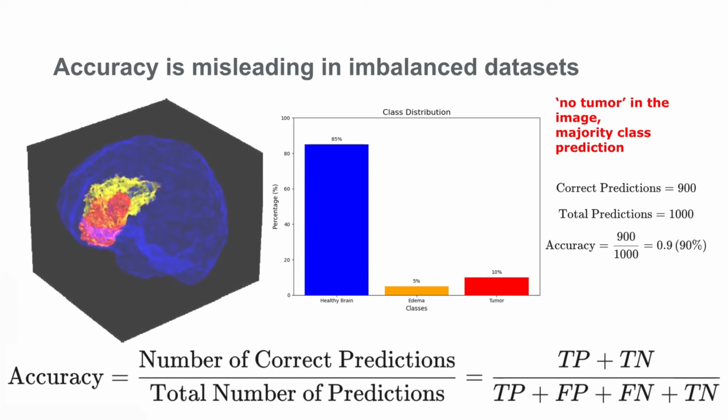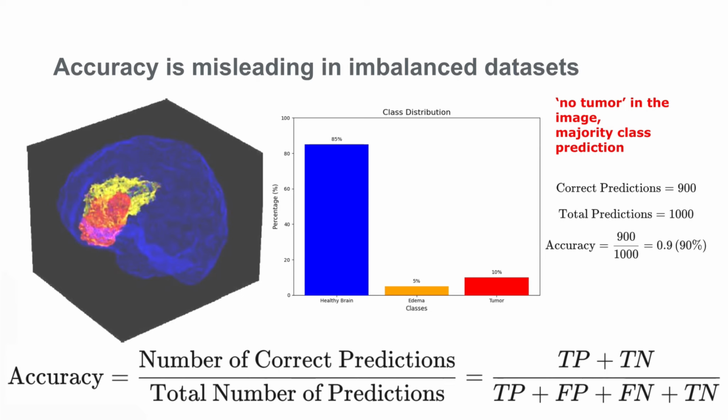So if we were to create a classifier for tumors, we could say that if we just predict the majority class, if we say that there is no tumor in this particular image, that there is only healthy brain, we will be creating a classifier that has very high accuracy. And this would actually seem pretty good, but it's actually awful. It's not solving the problem that we are trying to solve.